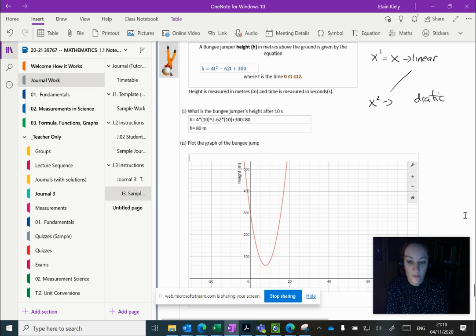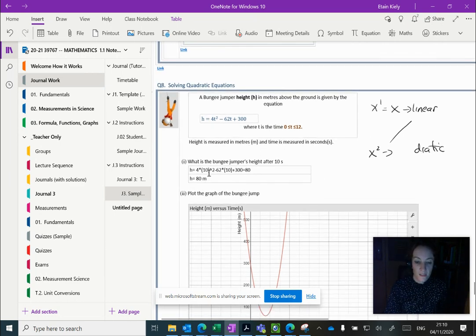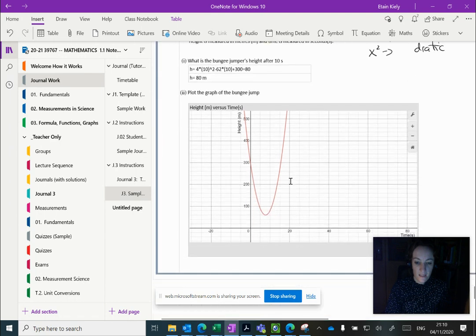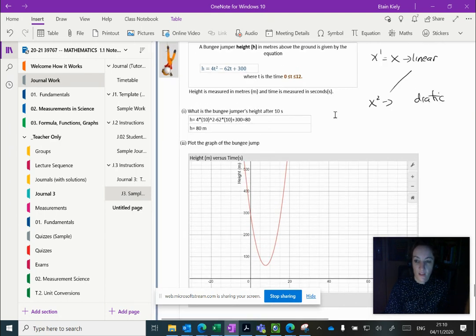So the label is going to be height in meters versus time in seconds. So we've solved for the bungee jumper's height after 10 seconds, and then we have created a graph of this quadratic function, and you can see it's that parabolic shape. I'm happy for you to do it in Desmos, so you just have to get a little bit used to how to use that and then take a snipping of the screen.